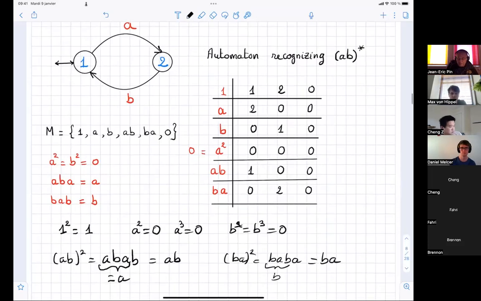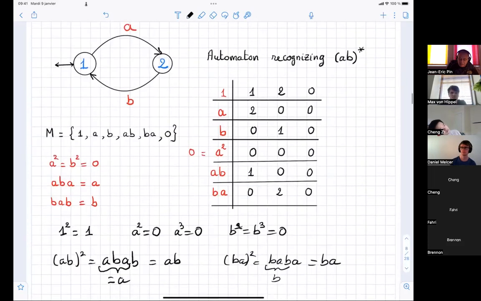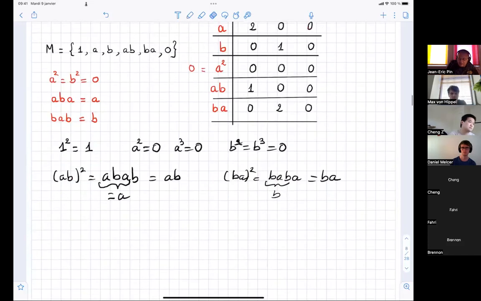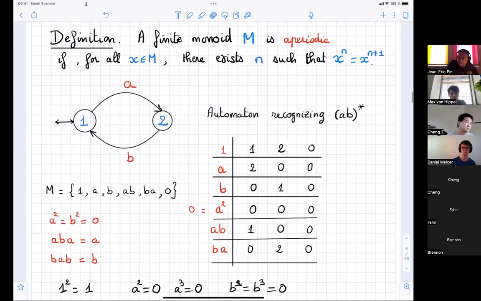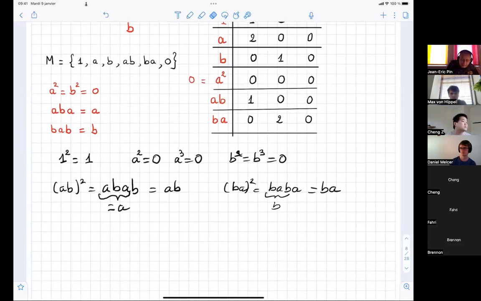So you see, we have found for each element x, if you compute its successive powers, then it stabilizes like this, x to the n equals x to the n plus 1. So this monoid is aperiodic.